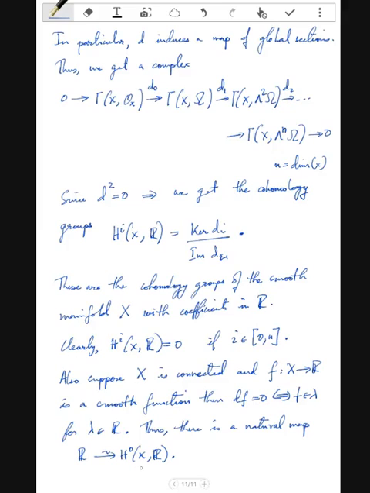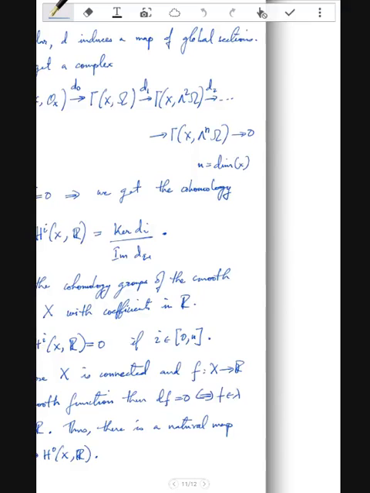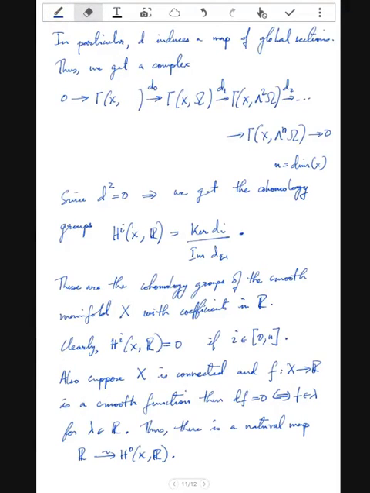So what is H0 x R? Let's do this a little bit more carefully. H0 x R is equal to the kernel of d0 by the image of d minus 1. But d minus 1 is equal to 0, so this is just equal to the kernel of d0. But now, instead of writing the trivial bundle, let me just change this to omega 0.